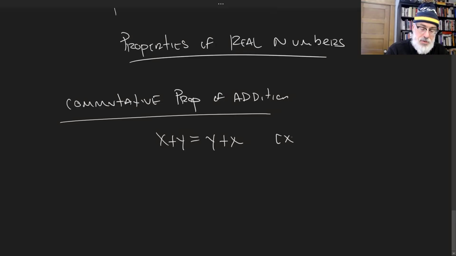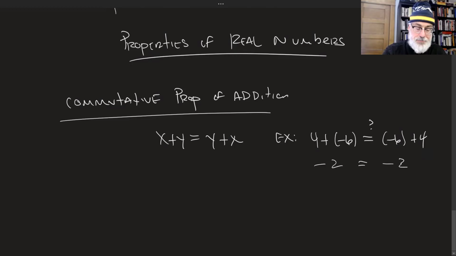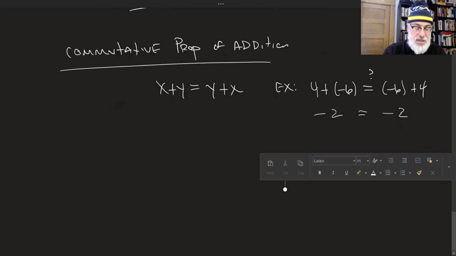A simple example of this would be if I take 4 plus -6, is that going to be equal to -6 plus 4? I'm just rearranging the order in which we're adding. So this is -2, and this is also -2. So we see that addition is commutative. Commutative, this means that we can add in any order.